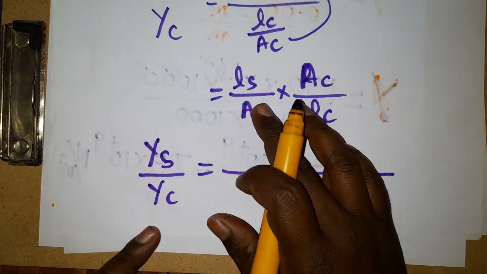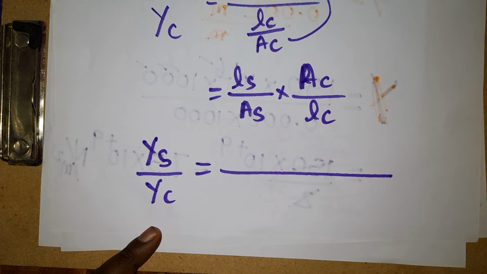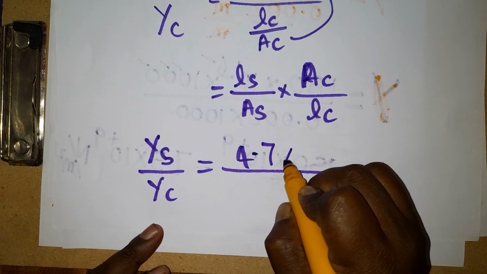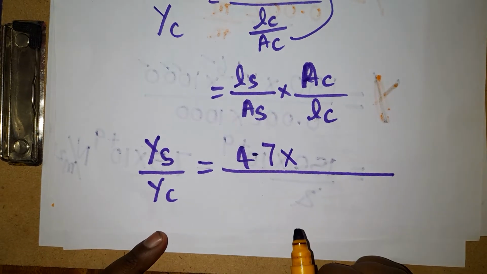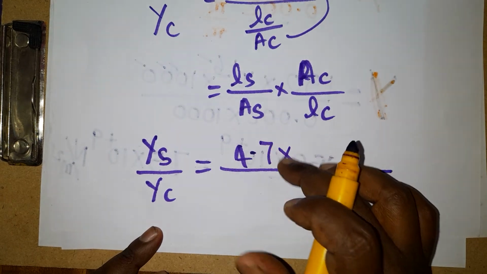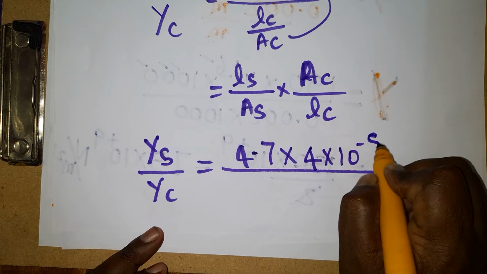First the values for the steel wire. The length of the steel wire which is given in the question is 4.7 meter. Then the area of the copper wire, the second wire, is 4 into 10 power minus 5.